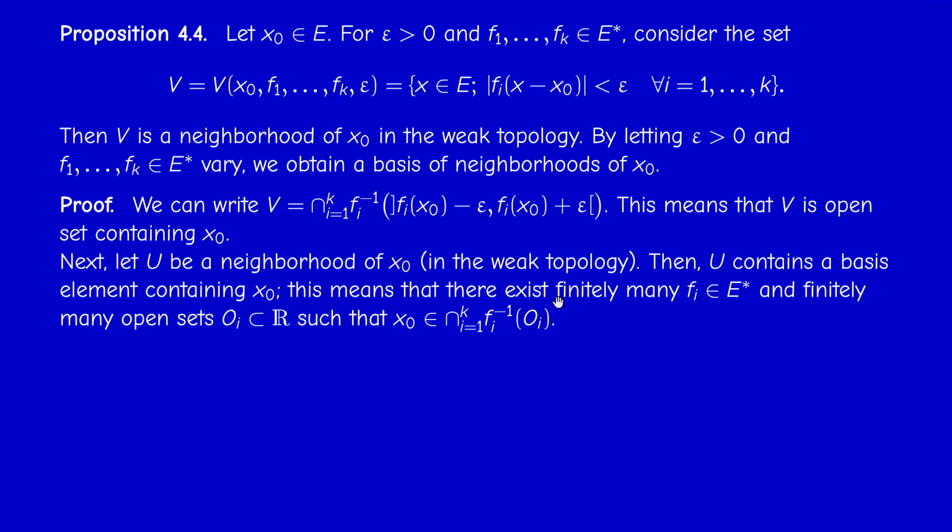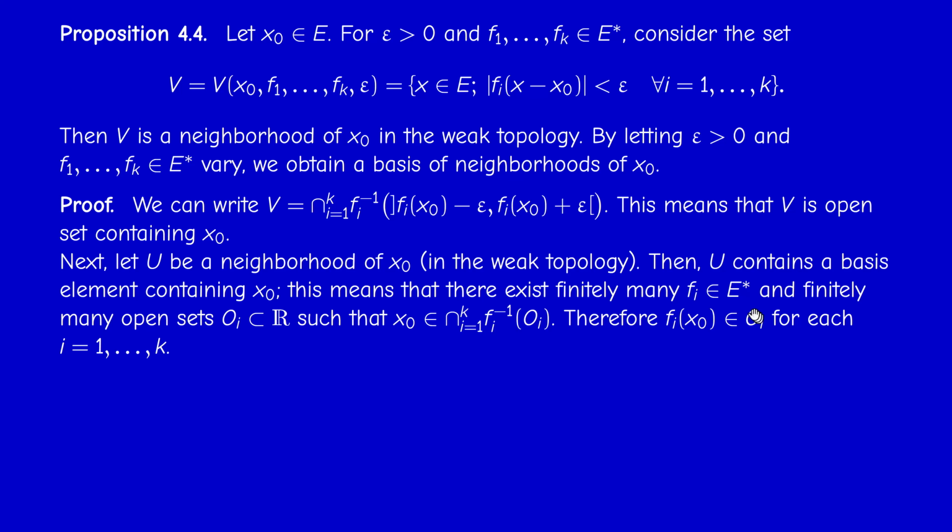So this is what we call a basis element. I can find a basis element containing x0 and contained in U. Now what does it mean that x0 is in the intersection? It means that x0 is in each one of these sets. So x0 is in fi minus 1 of oi for every i. And this means that fi of x0 is in oi, by definition of the inverse image.